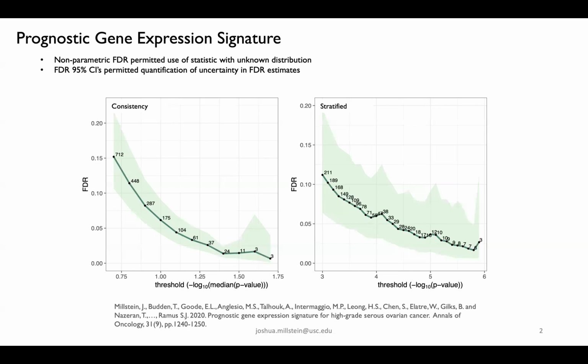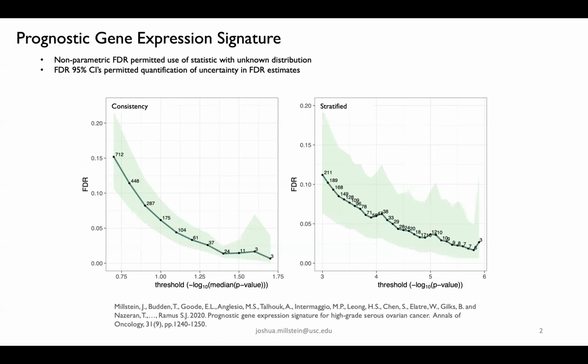Here you can see the results from that analysis, which we just called the consistency analysis. In the plot, across the x-axis we have candidate discovery thresholds, and on the y-axis are estimates of FDR and the corresponding confidence interval, which is shown by the gray region.